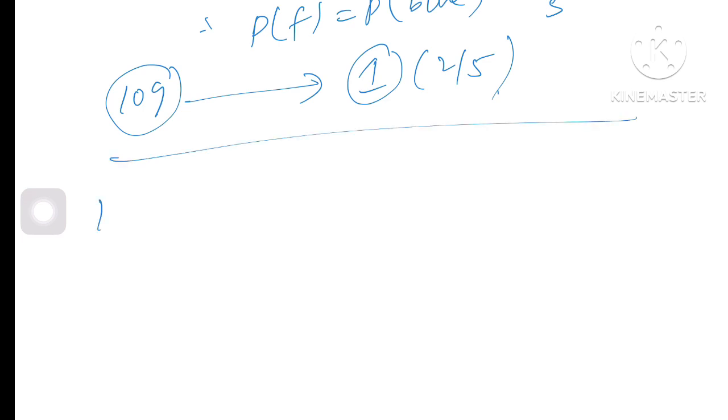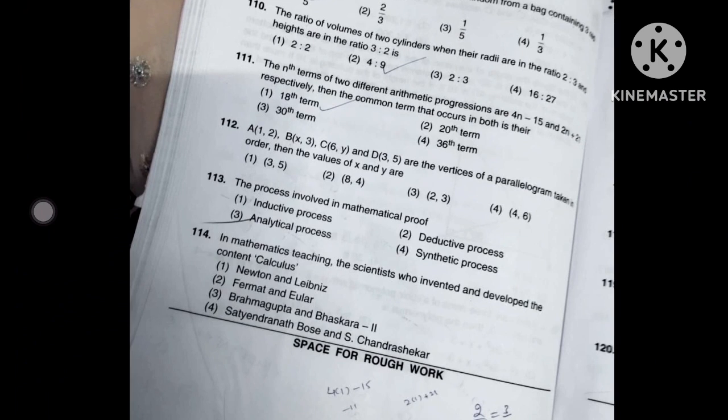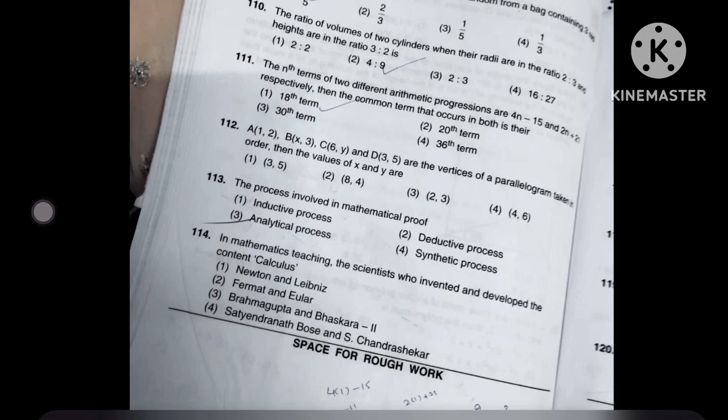Let's move on to question number 110. Ratio of volumes of two cylinders when their radii are in the ratio 2:3 and heights are in the ratio of 3:2. Let's see. Ratio of volumes of two cylinders he is asking, when the radii are in the ratio 2:3 and heights are in the ratio 3:2.